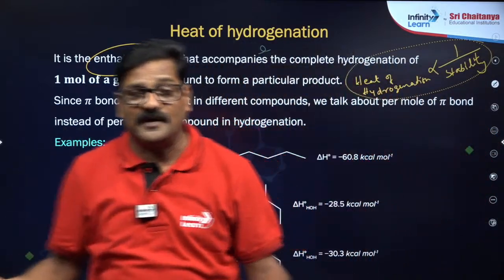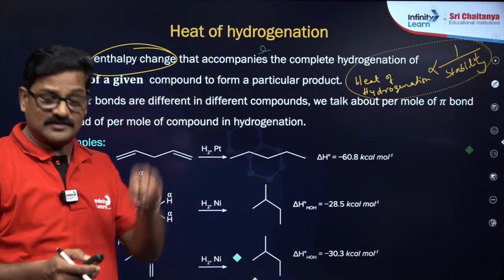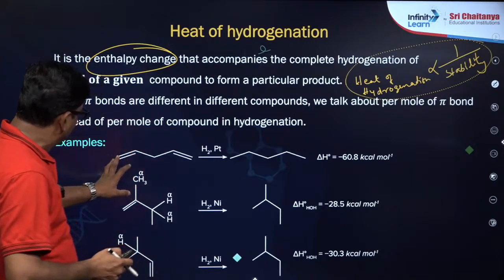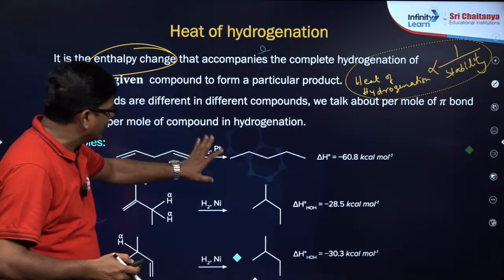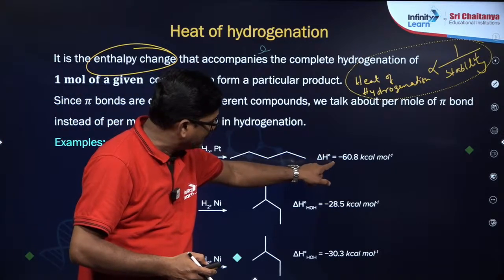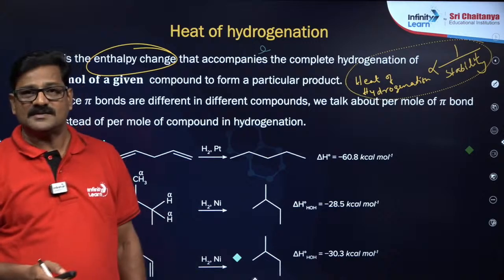The more the stability of the alkene, the less the heat of hydrogenation will be. If you check, this is an alkene. When hydrogen is added, 2 double bonds are there. You can see enthalpy of hydrogenation minus 60.8 kilocalories.